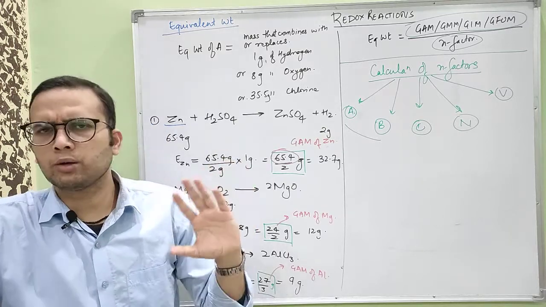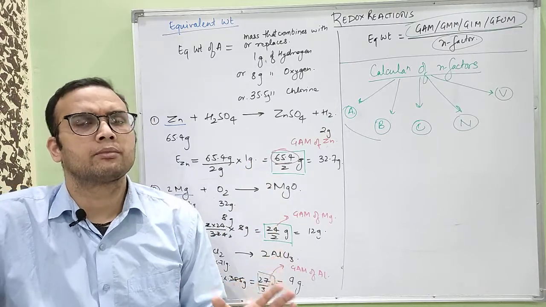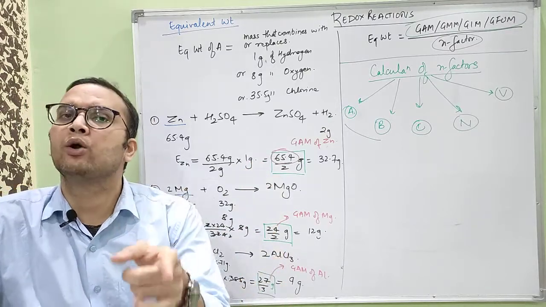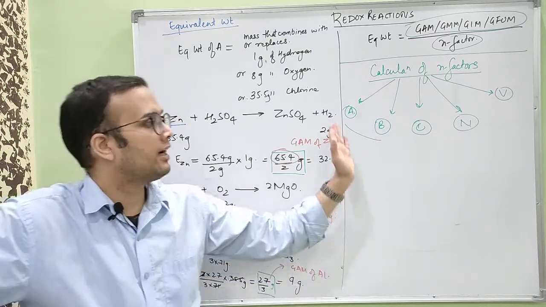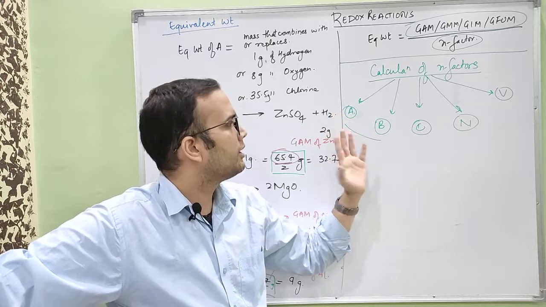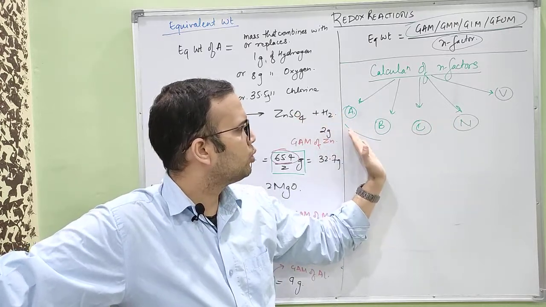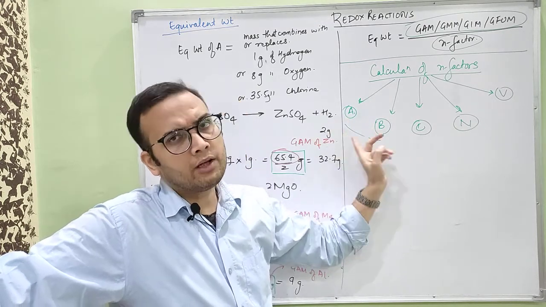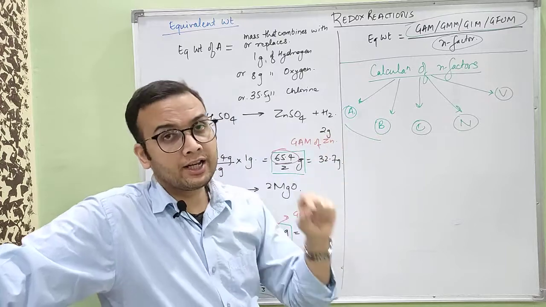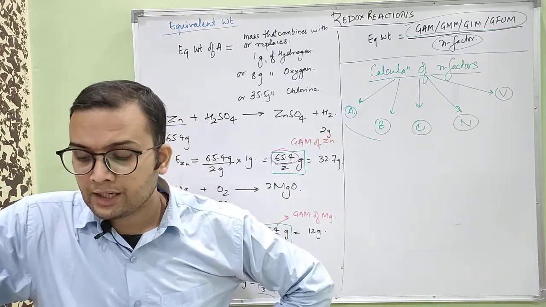In a given question or a reaction, whatever nature it is exhibiting, the n factor will depend on that. It can be any of the 5 categories. It can be showing acidity, basicity, some charge, something of that sort. So if we are able to identify that nature, we will be able to calculate the n factor in that particular situation.